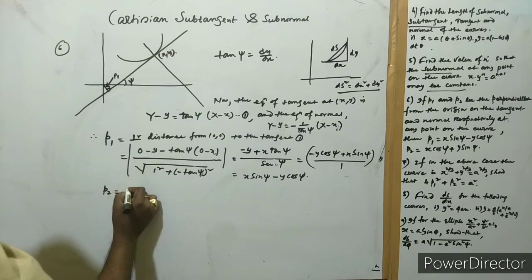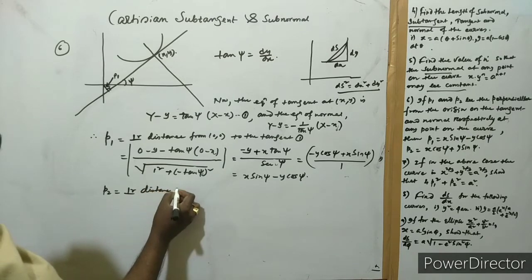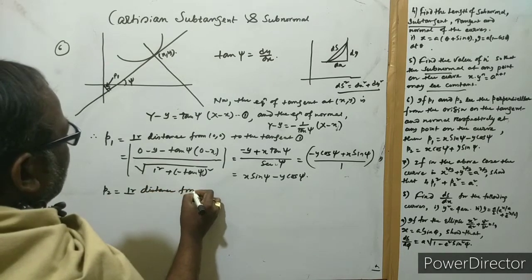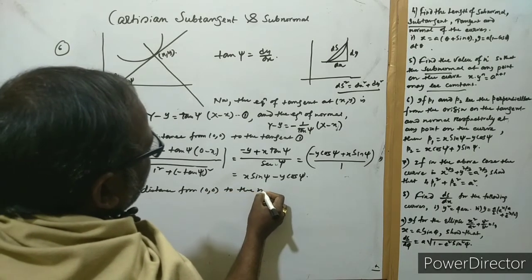is the perpendicular distance from 0, 0 to the normal.